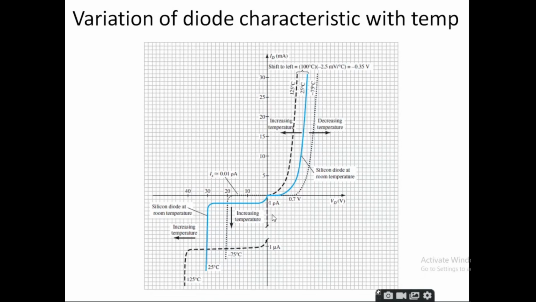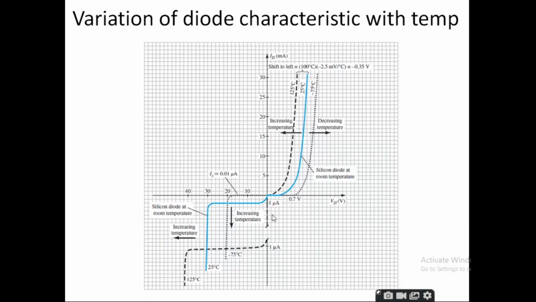So in this way, you see that there is an effect of temperature on the characteristic of the diode, which you don't normally see in the case of a conductor. You see the effect of temperature in a conductor only when the temperature changes drastically.